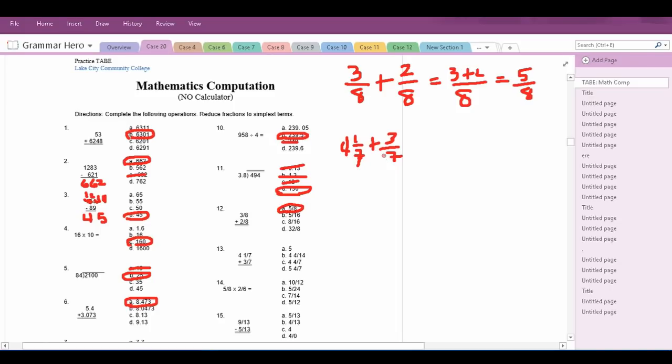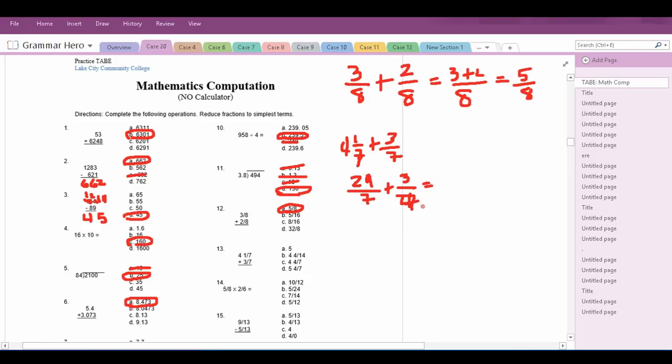We have to convert it to a simple fraction to add it to 3/7. To do that, we multiply 4 times 7 and then add 1. So 4 times 7 is 28, plus 1 is 29 over 7 plus 3 over 7.